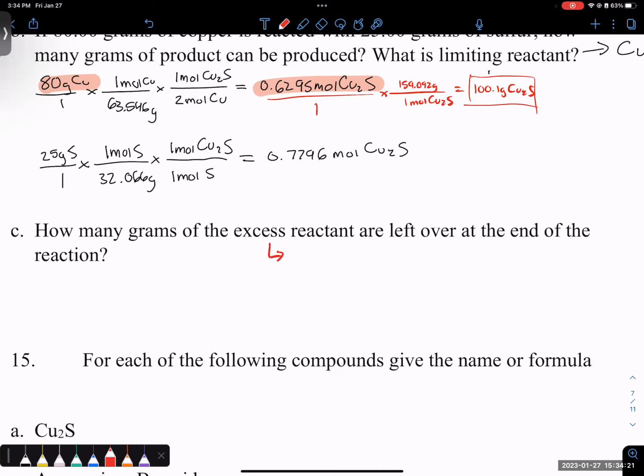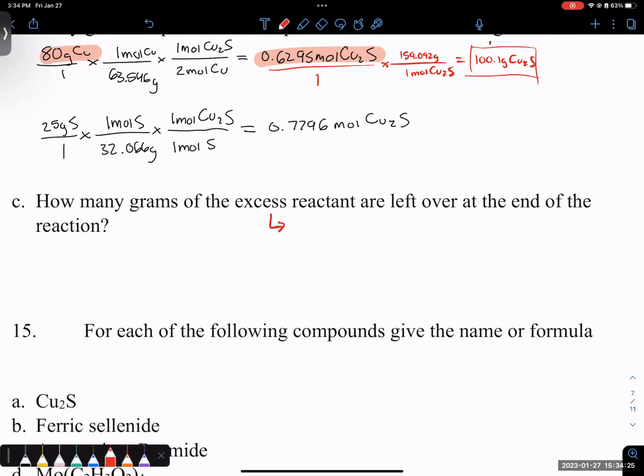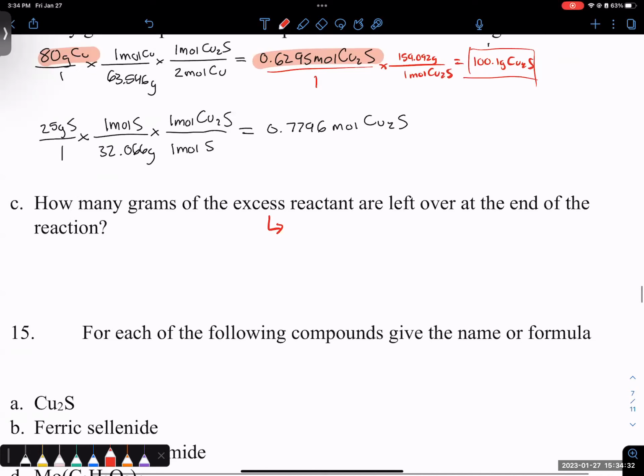All right, so now how would y'all go about this problem? Grams of what? This is a tricky one because you might not know where to start.